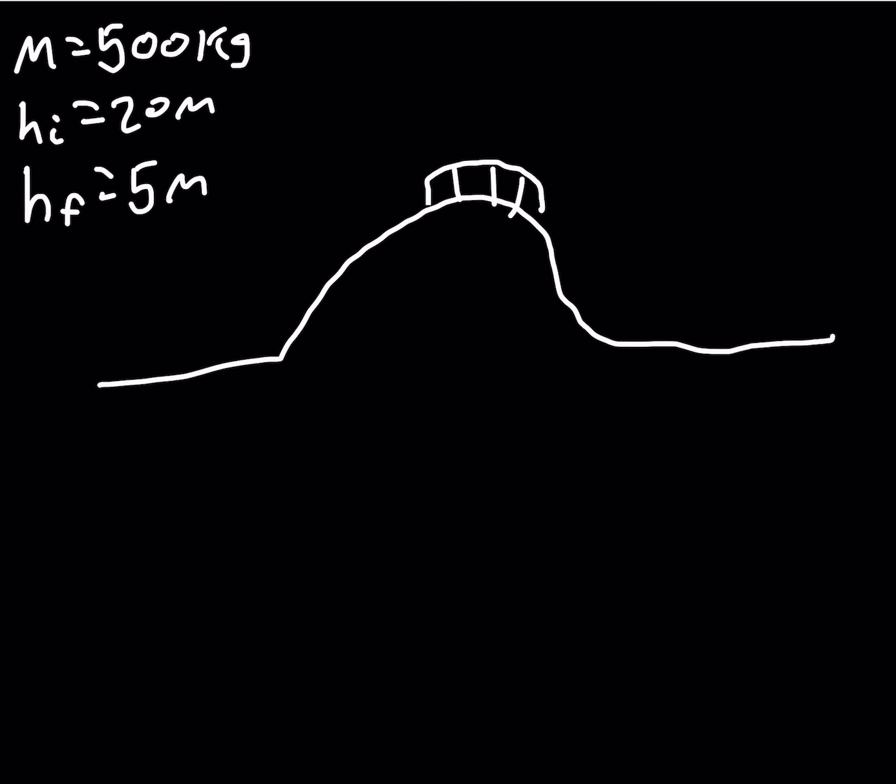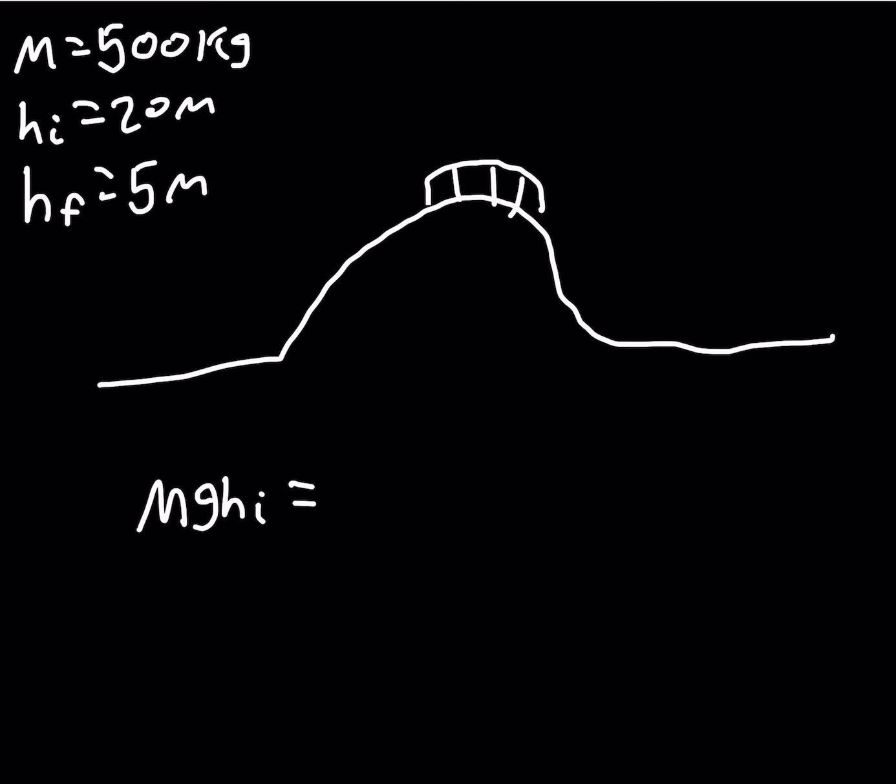All right. So at the top, we only have initial potential energy, right? And we have no initial kinetic. So I'm just going to show that by putting mgh initial. And as it's going down to a height of 5 meters, we're still going to have some potential energy, just less, because it still has some height, 5 meters.